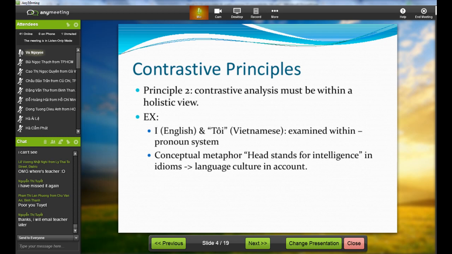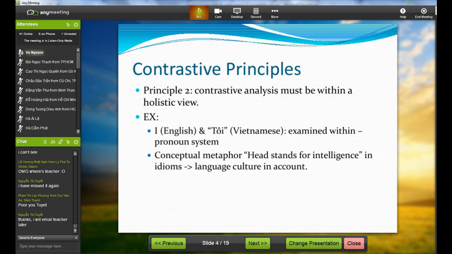For example, you may want to see whether those kinds of thinking also exist in Vietnamese culture. Do we have idioms containing head, đầu, for example, that stand for intelligence?